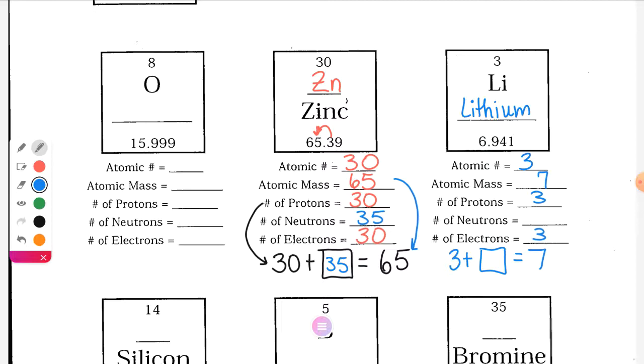Number of protons, because the number of protons plus the number of neutrons equals the atomic mass. So what number plus 3 equals 7, Jackson? 4. 4, good job. So let's fill in our missing box. So our number of neutrons is 4.